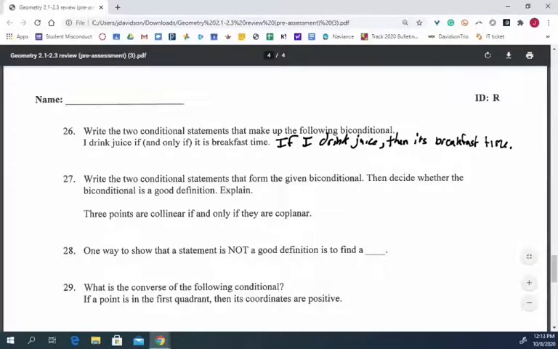The other conditional you can get from this is when you reverse it around. If it's breakfast time, then I drink juice.